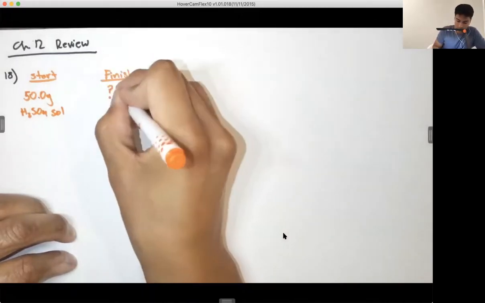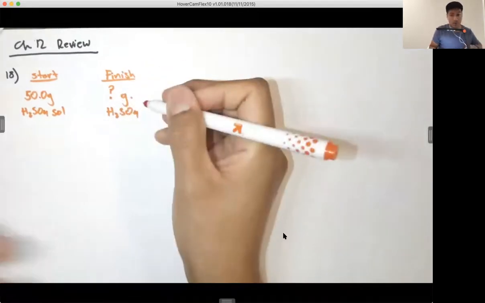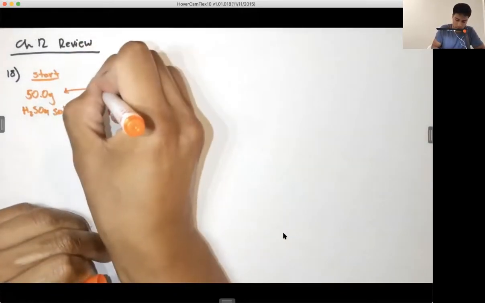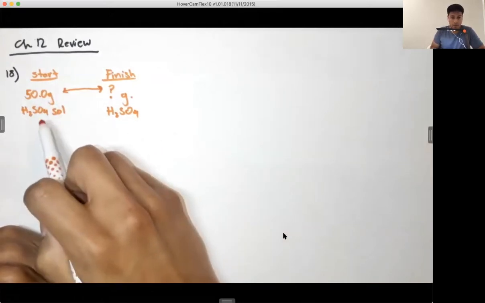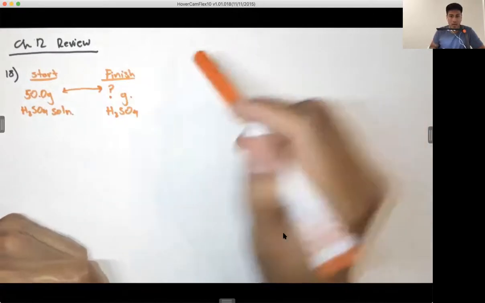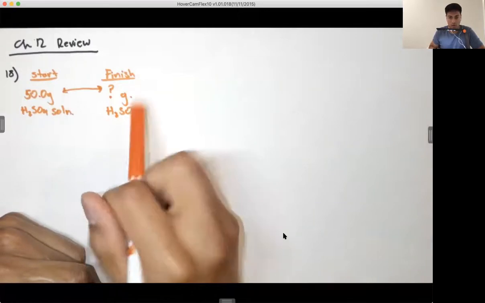So question mark, grams of H2SO4, so the solute, okay? So you have to figure out a way to get from here to here, okay? So we're starting with just the 50 grams of the solution, and I'm gonna put that for solution, SOLN, and we want to get to X grams of H2SO4, okay?